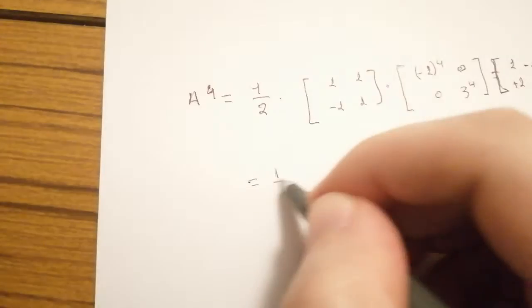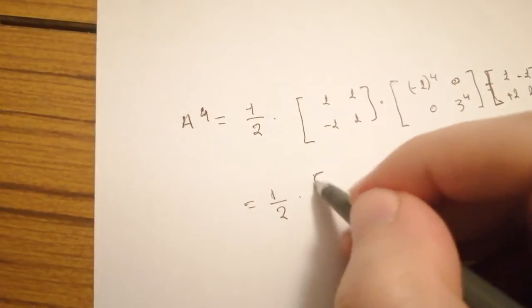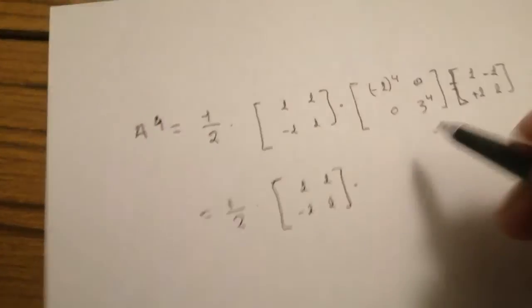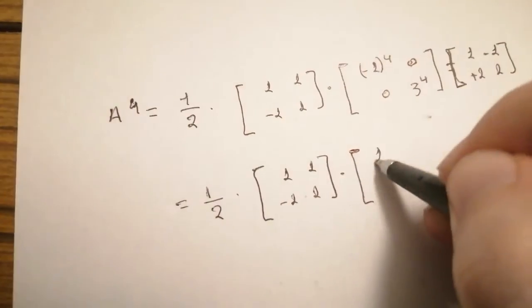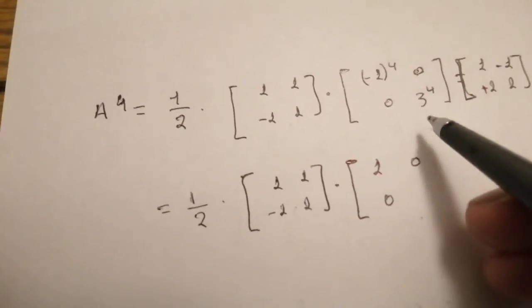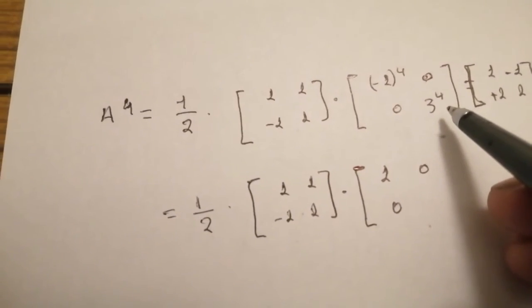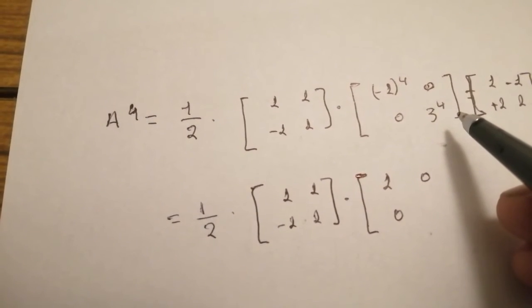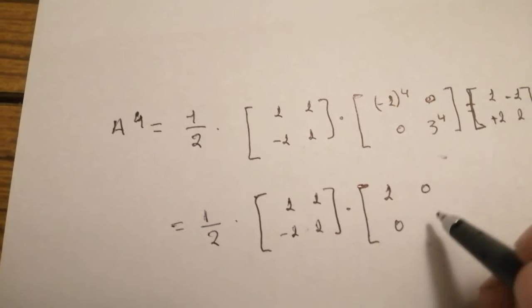So this is 1 over 2 times [1, 1; minus 1, 1] times [1, 0; 0, 81], since 3 to the fourth power is 3 times 3, 9, times 3, 27, times 3, 81.